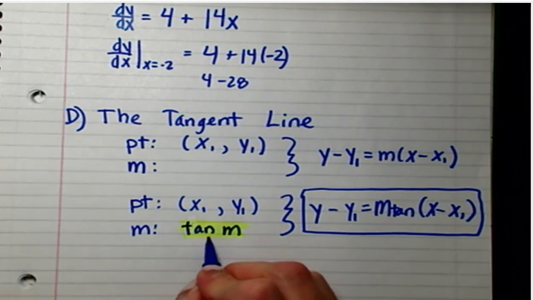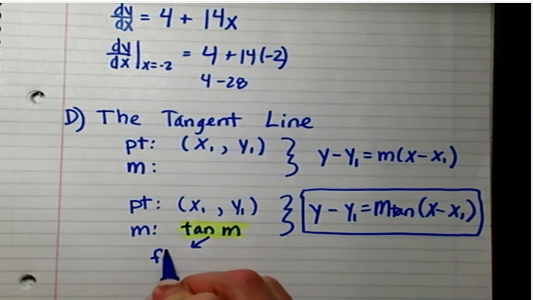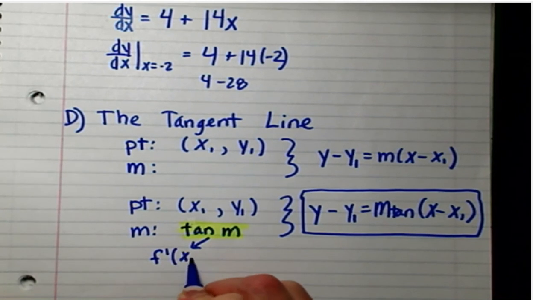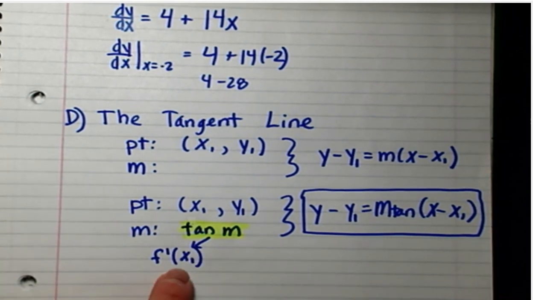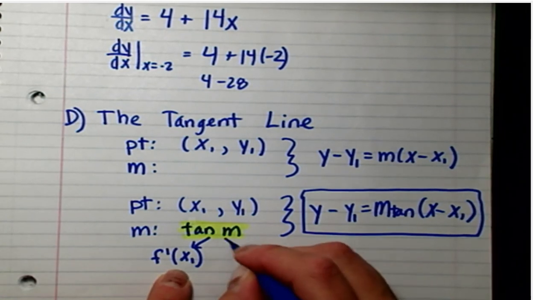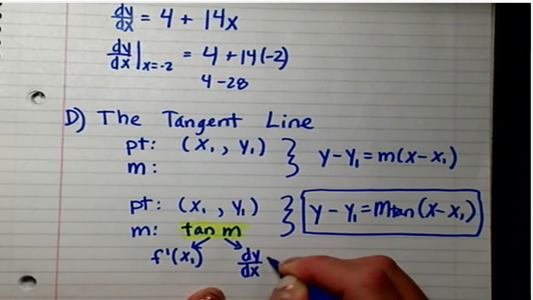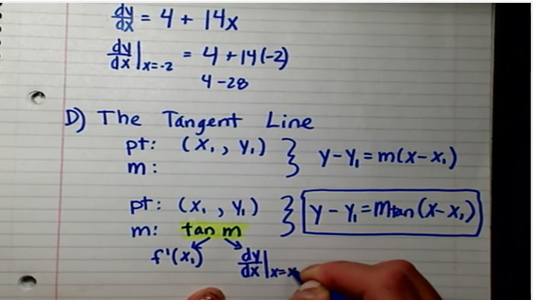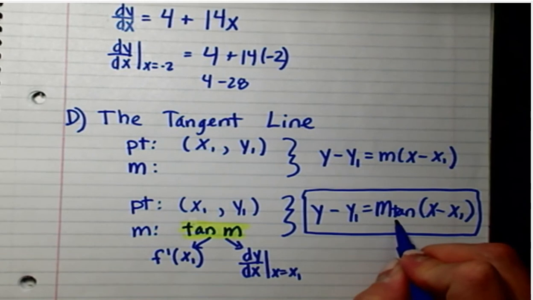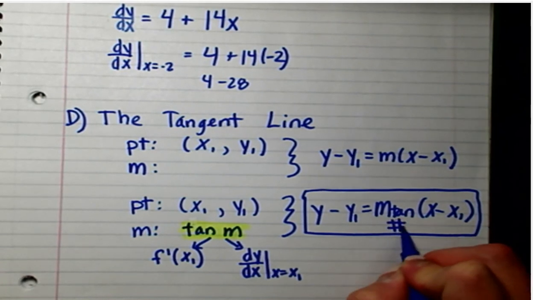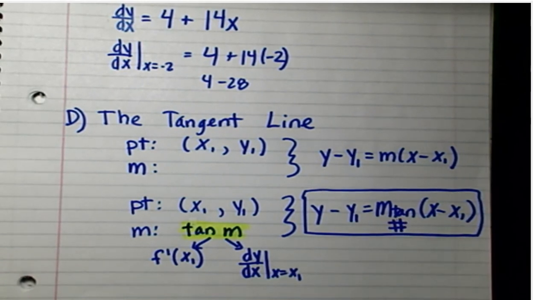Okay, tangent slope exchanges with f prime of the x coordinate, right? Plugging in the number. Maybe it's dy/dx when you plug in. Okay, tangent slope is a number, right? It's the slope of a line, positive, negative, or zero. That's it.